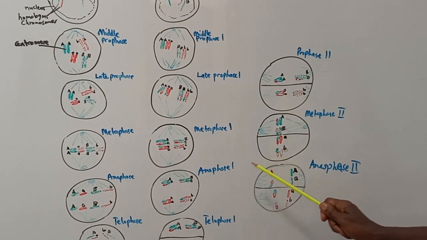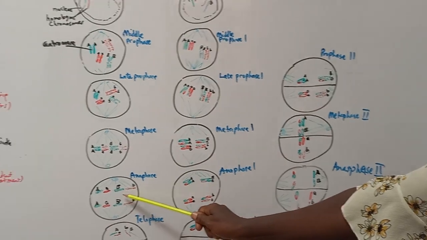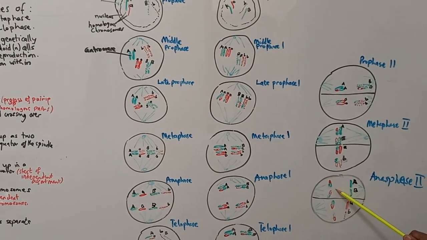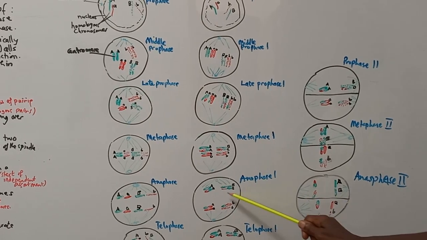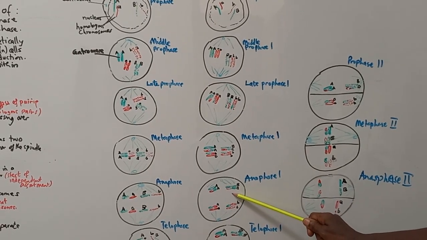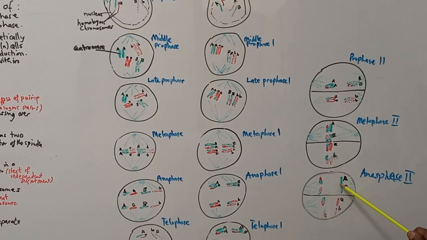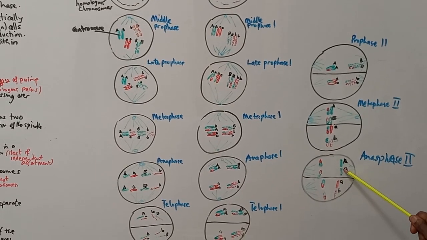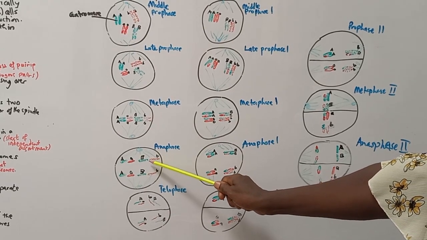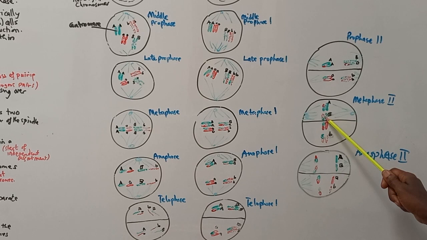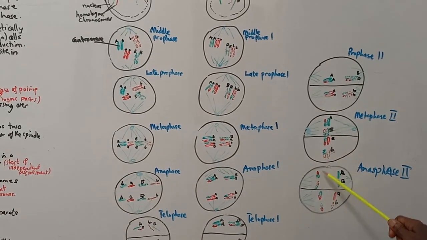Then the difference between anaphase in mitosis, anaphase 1 in meiosis, and anaphase 2 in meiosis is that in anaphase 1, homologous chromosomes separate. But anaphase 2 in meiosis is just like anaphase in mitosis. Anaphase 2, the centromere breaks and the sister chromatids separate.